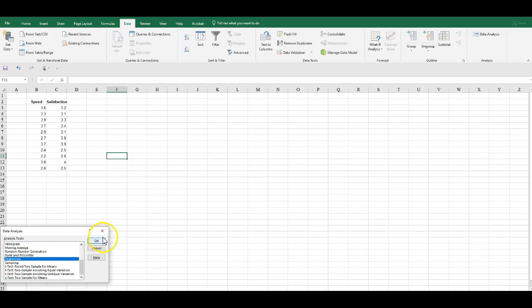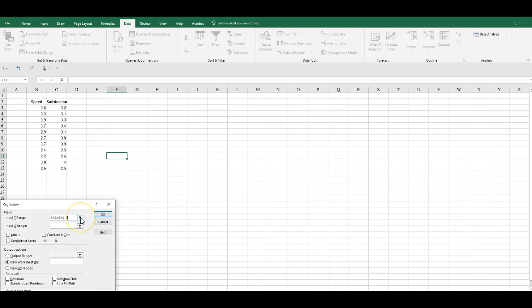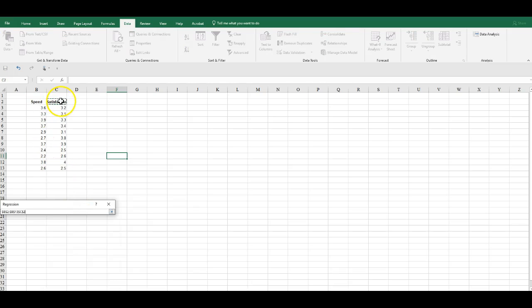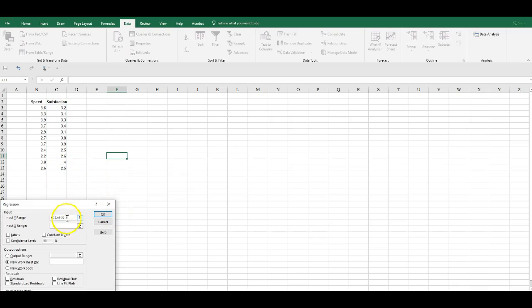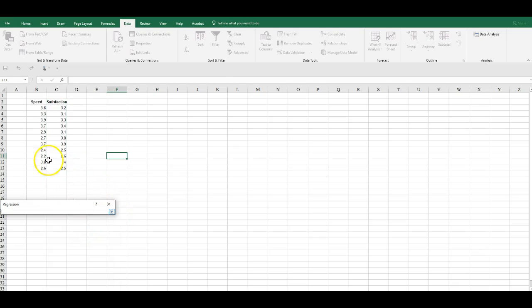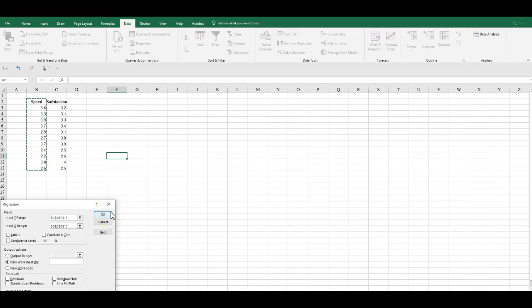to perform the regression. First is the Y range. Satisfaction is the Y variable. X variable. I did highlight the labels.